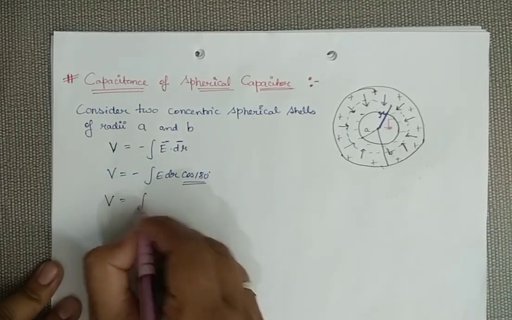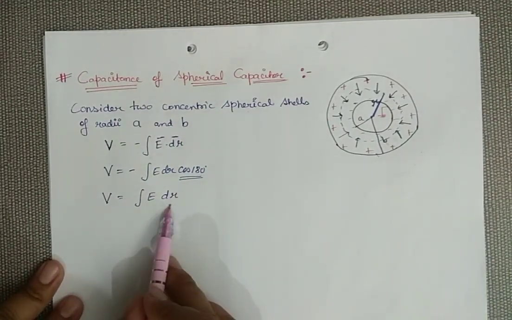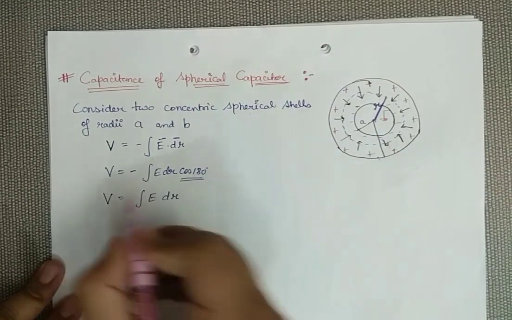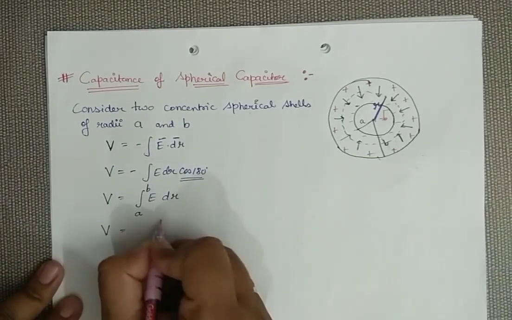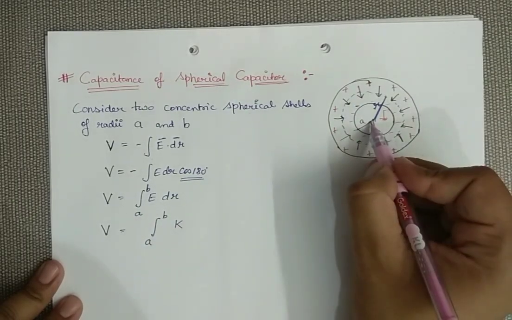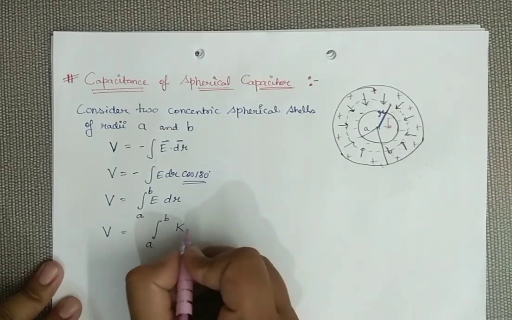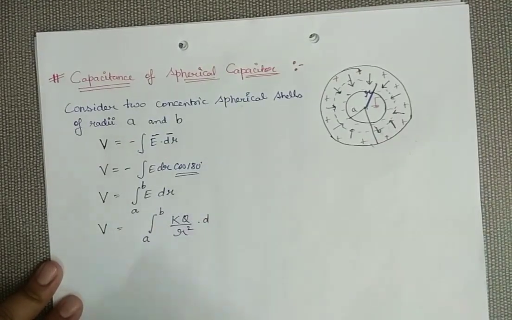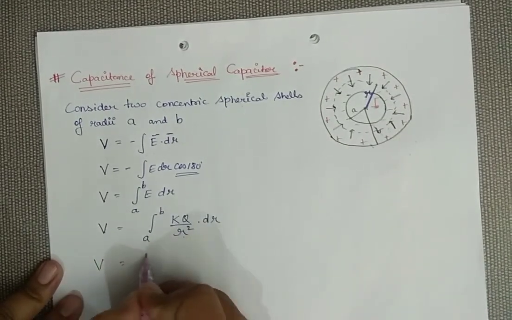Your expression is integration of E dr. Now we are talking with respect to radius, the smaller radius is a and the larger radius is b, so the limits are from a to b. Now the electric field at some distance r is given as kq by r square times dr. So just take out the common quantity.